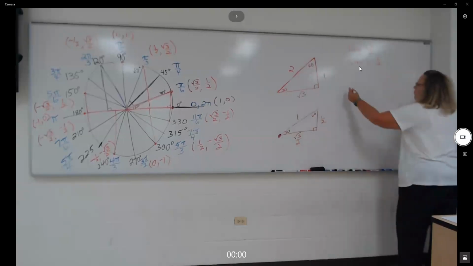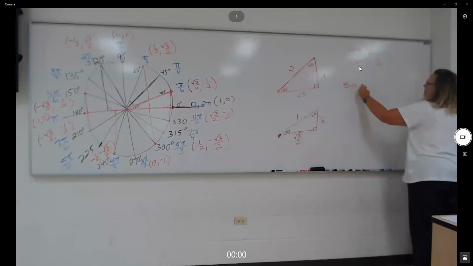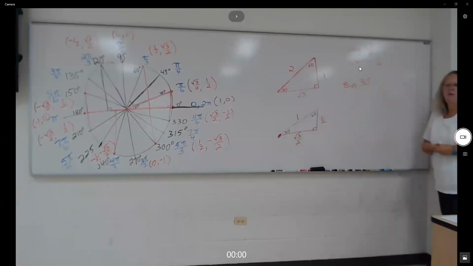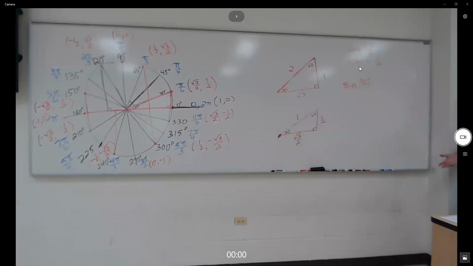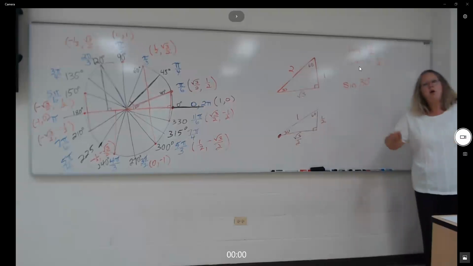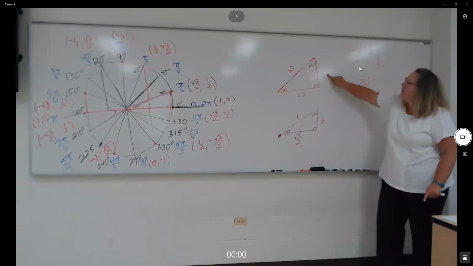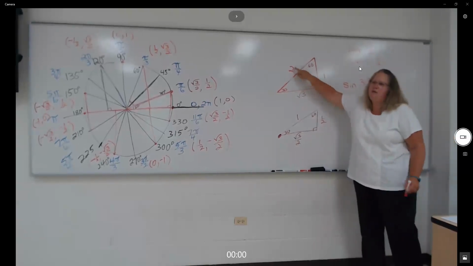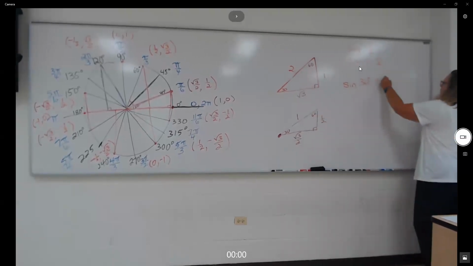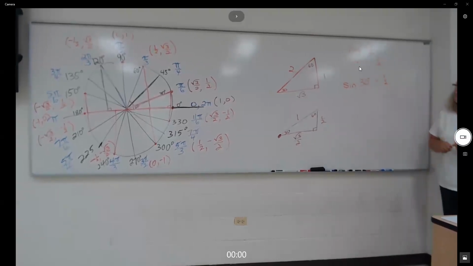If I said I want sine of 30 degrees, this goes back to SOHCAHTOA, right? Sine is opposite over hypotenuse, so that would be 1/2. Are we okay with that?